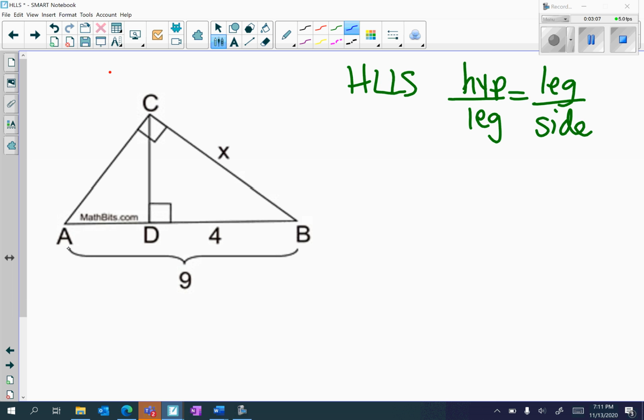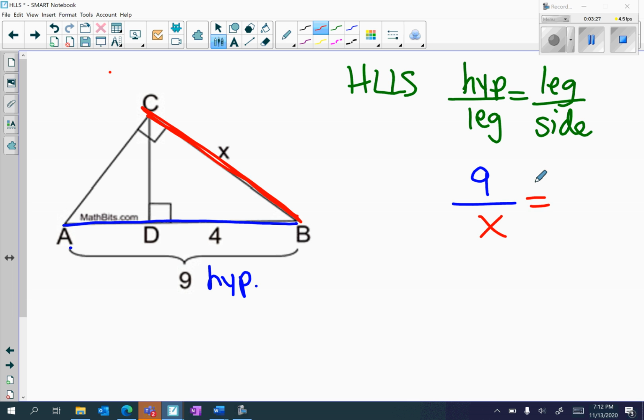So my hypotenuse in this case is going to be AB because it's the hypotenuse of the big triangle. So my hypotenuse is 9. The leg that I'm using is CB, which is x. That's what I'm trying to find, is equal to, again, the same leg, which is x, over my side.